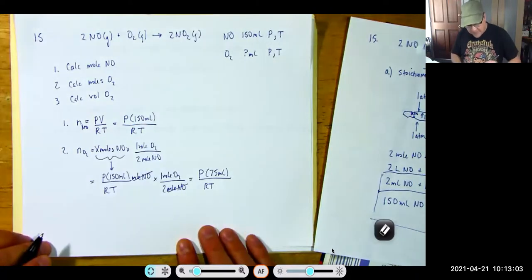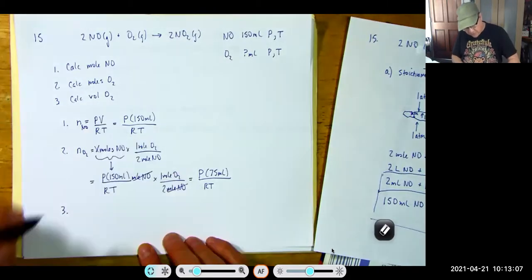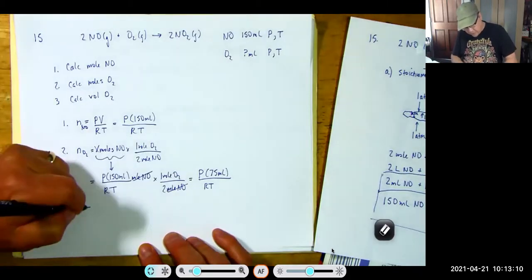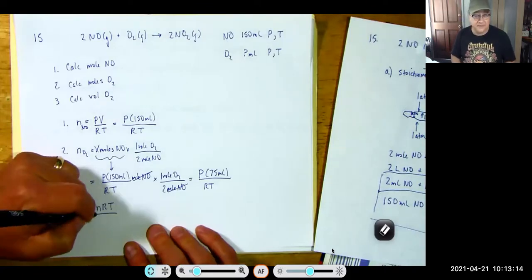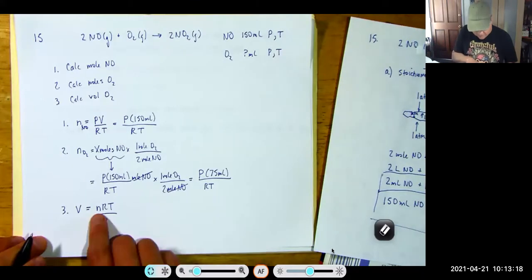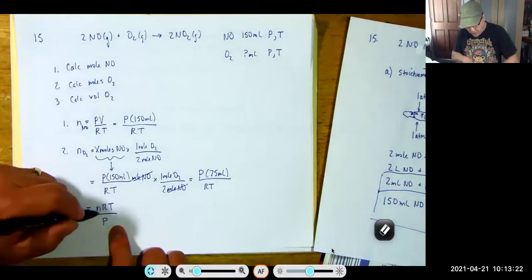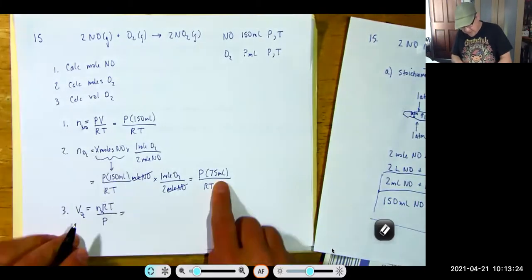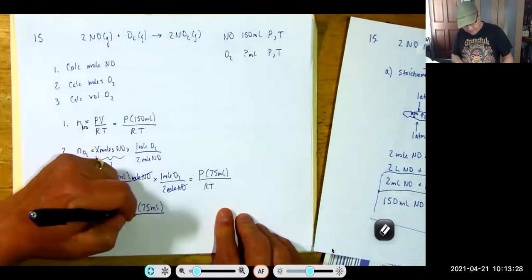And then 3, we're going to calculate the volume of O2. Now, the volume of O2 is going to be equal to nRT over P, right? And this is the moles of what? O2, which we know is P times 75 milliliters over RT.